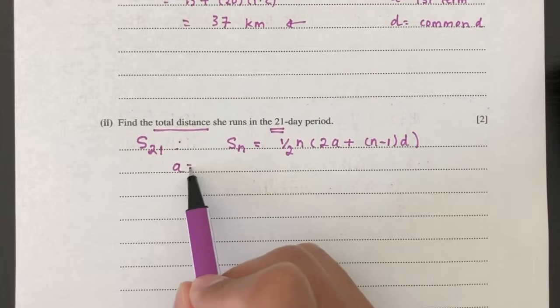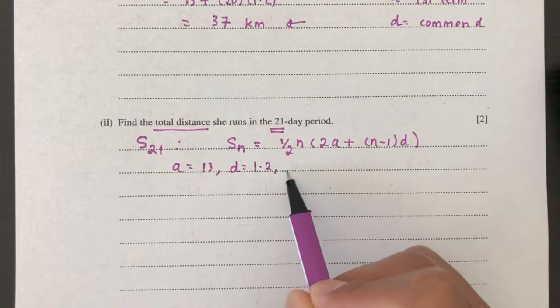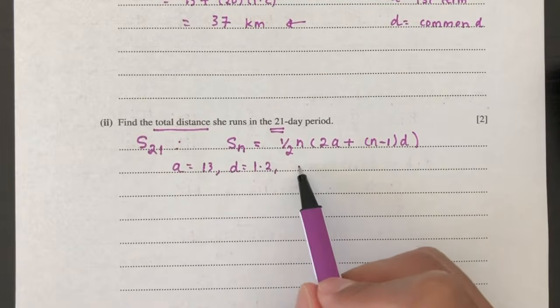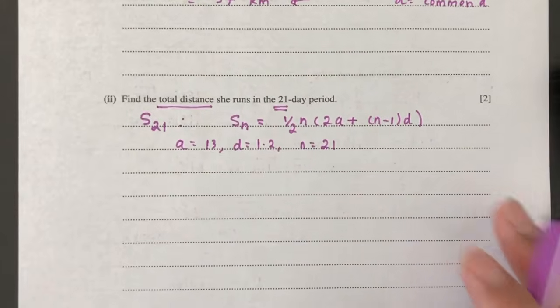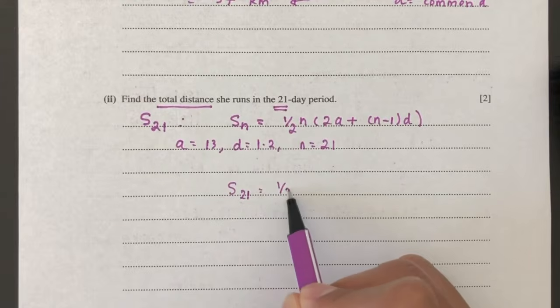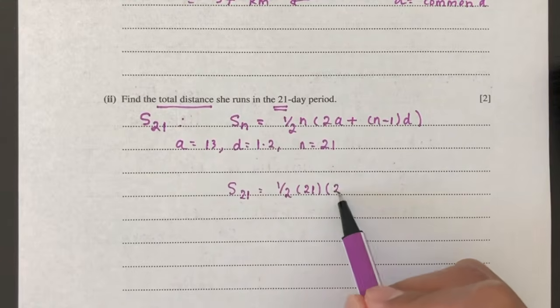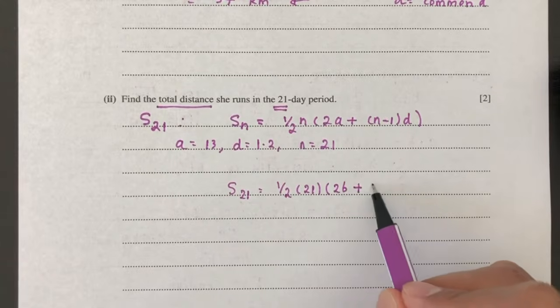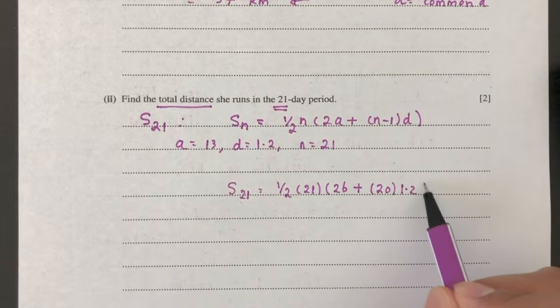So we know a is equal to 13, d is equal to 1.2, and what else do we know? We know n is equal to 21. So let's replace and find out the value. S of 21 will be half times 21 times 2 times a, that will be 26, plus n minus 1 is 20 times d, that will be 1.2.